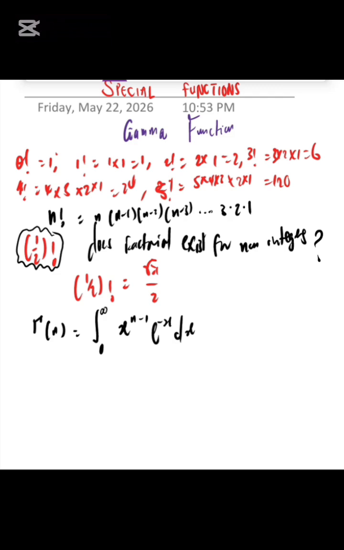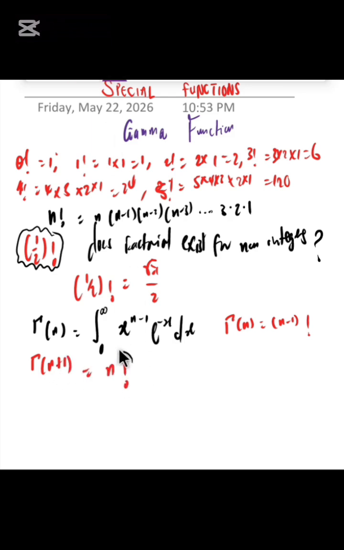Take notes, gamma of n equals n minus 1 factorial. And take notes, this improper integral converges. It converges and it works for many real and complex numbers. And also take note of this, gamma of n plus 1 equals n factorial.